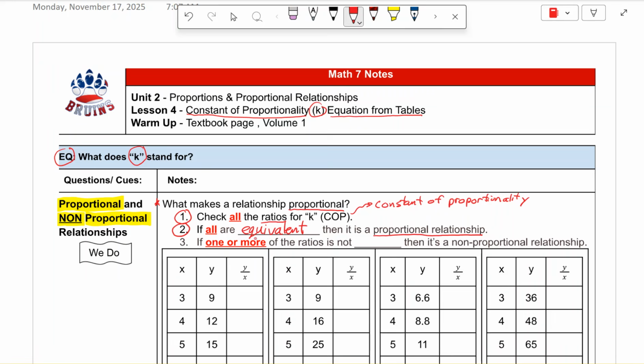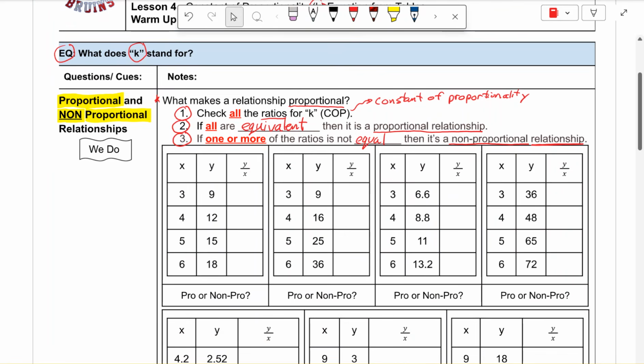And if all of them are equivalent, then it is a proportional relationship. And then finally, number 3, if one or more of the ratios is not equal, then it's a non-proportional relationship.